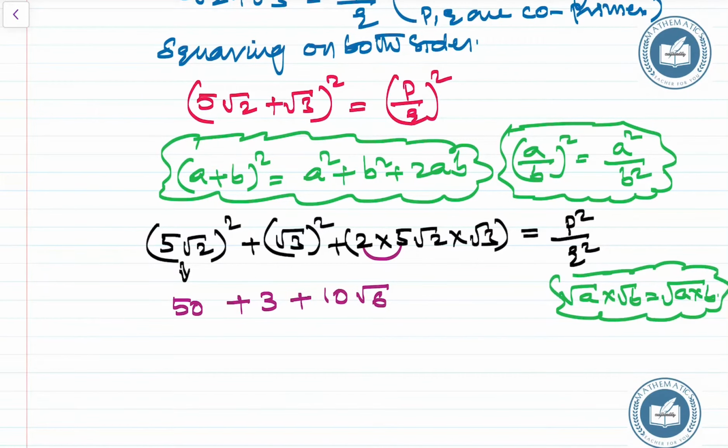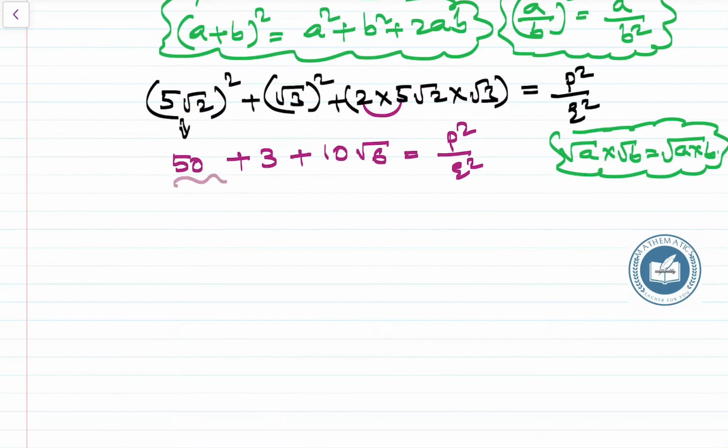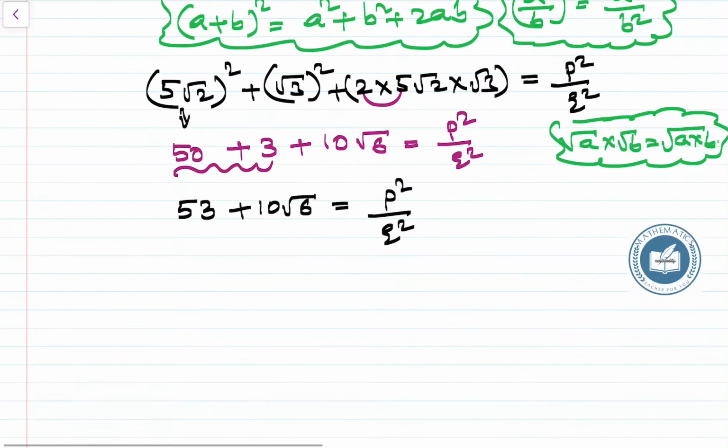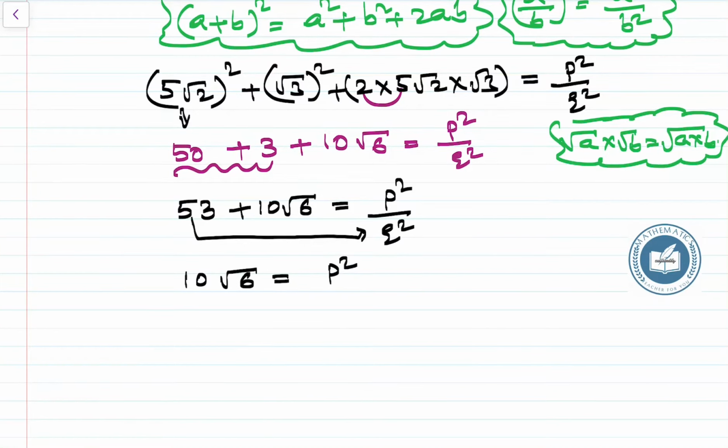So here we can write 10 root 6 equal to p square upon q square. Simplifying the left hand side, 50 plus 3 becomes 53, so 53 plus 10 root 6 equal to p square upon q square. Now we transpose 53 from left to right: 10 root 6 equals p square by q square minus 53.